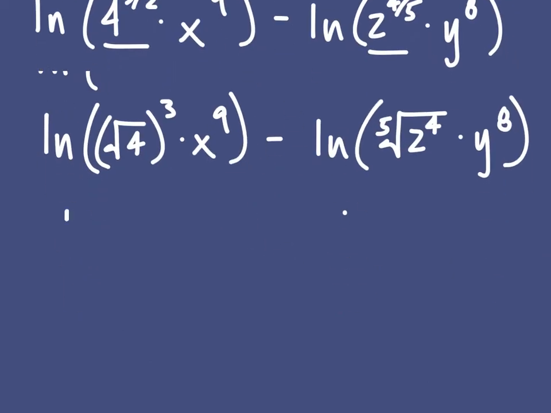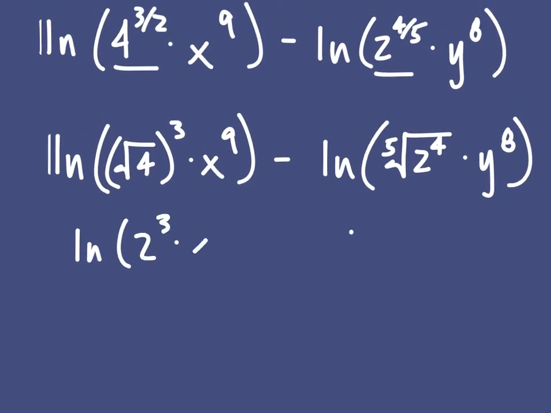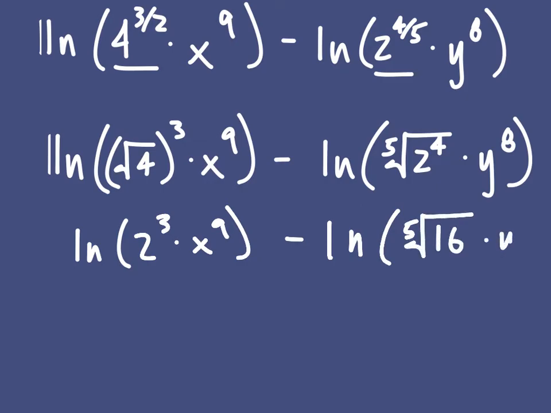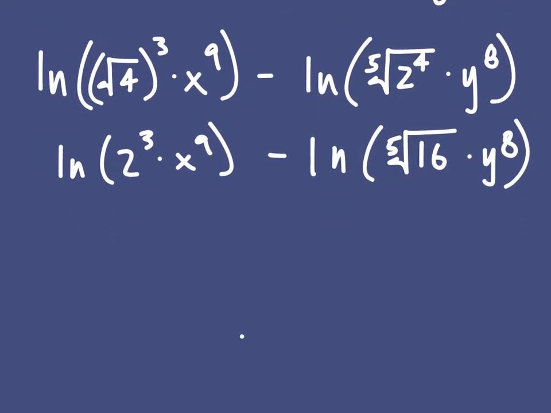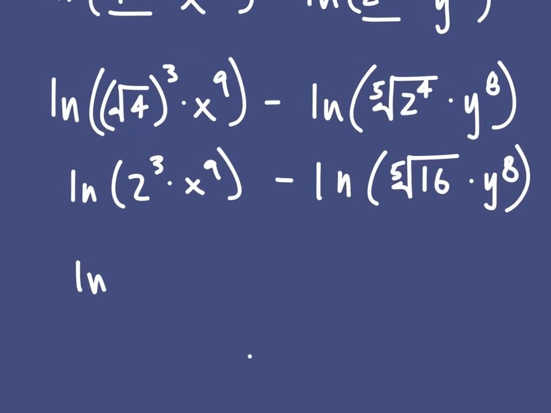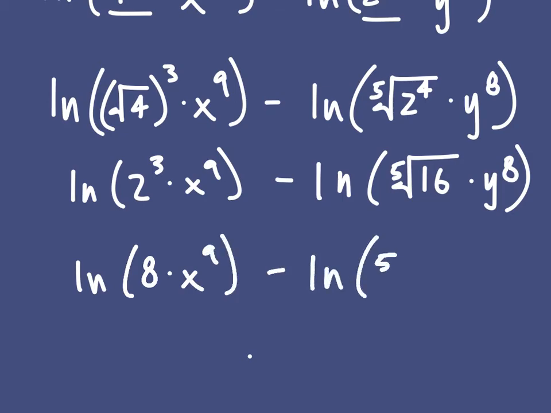Over here, we get the natural log of 2 to the 3rd times x to the 9th minus the natural log of the 5th root of 16 times y to the 8th. From here, you then have the natural log of 8 times x to the 9th minus the natural log of the 5th root of 16 times y to the 8th.